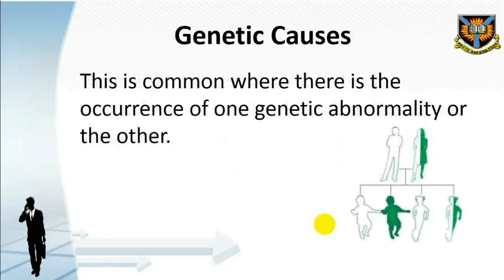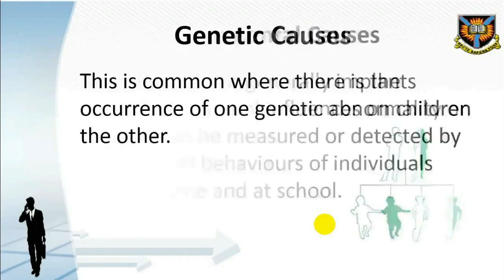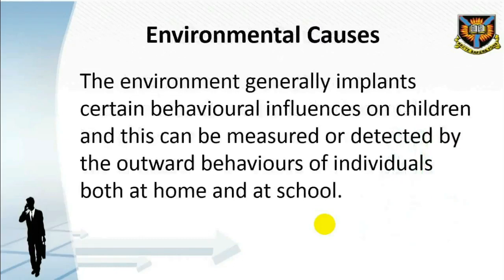In families where one of the parents or both have learning disabilities, one of their children is likely to inherit the trait, especially where the cause of the parent's learning disability is genetically inclined. 5. Environmental causes. The environment generally implants certain behavioral influences on children.